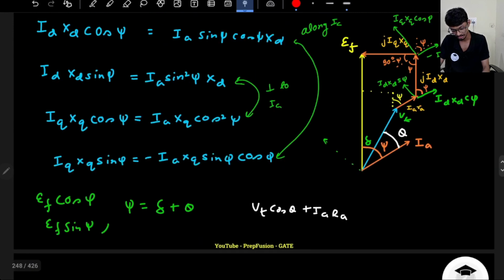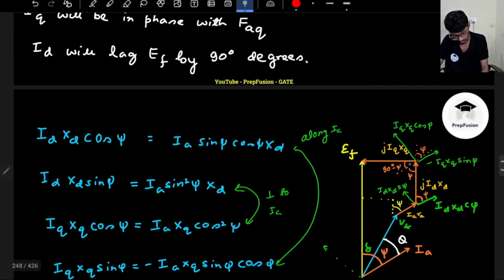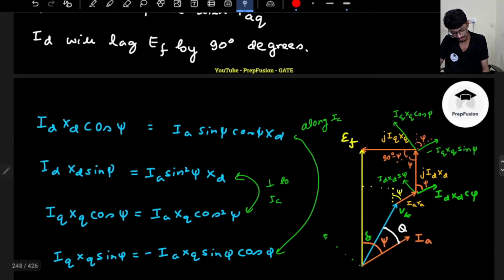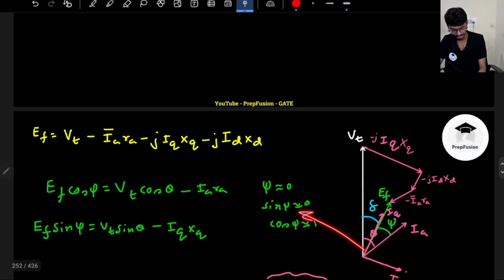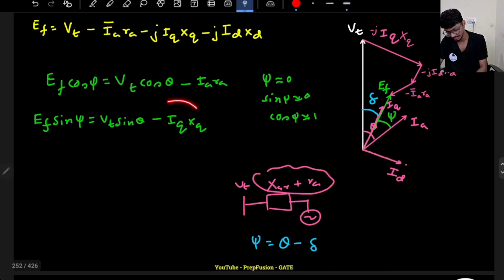Previously if you notice, this IQ XQ was in the same direction as your EF cos delta. Although here you see they have a huge angle difference due to theta, right? But this and this one were in the same direction. And here this and this are in the opposite direction. That's why it is minus IQ XQ.